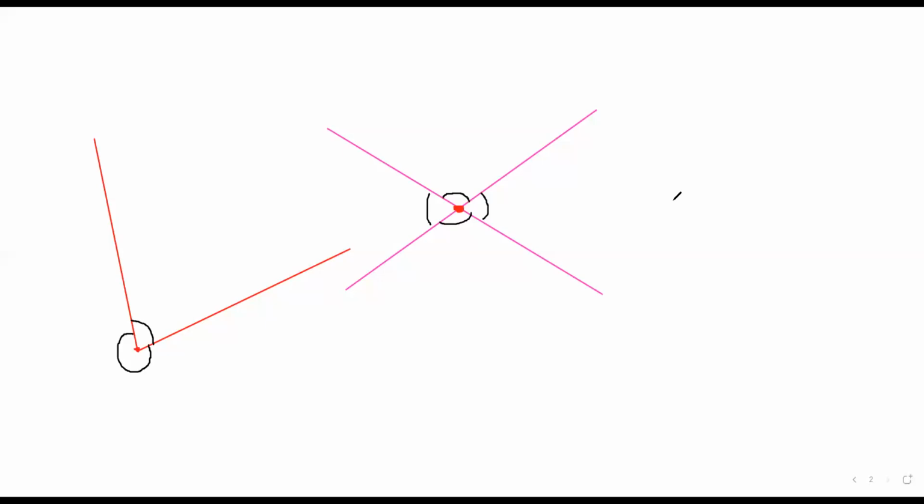How we can use the protractor? When you're using the protractor, are you supposed to use the inner scale or the outer scale, or can you use both?